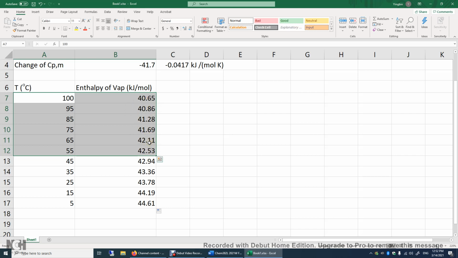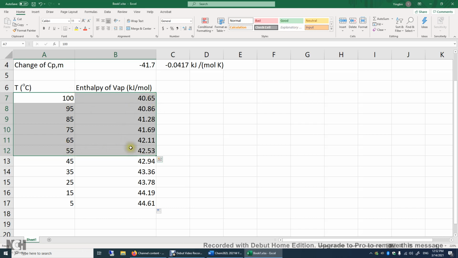But experimentally, if you measure the enthalpy of vaporization within such temperature range, you're going to see the final result is not going to be 40.65. It's not going to be 42.53. If you do everything accurately, you're going to get a number between 40.65 and 42.53 if your data were collected between 55 degrees Celsius and 100 degrees Celsius.